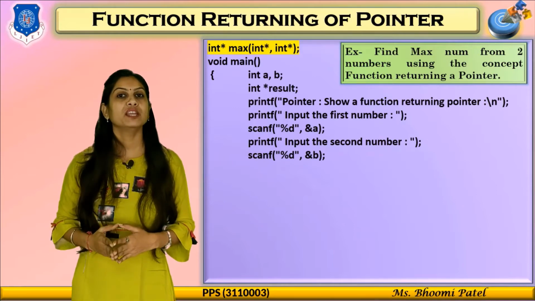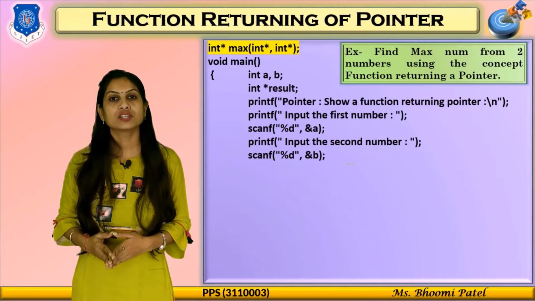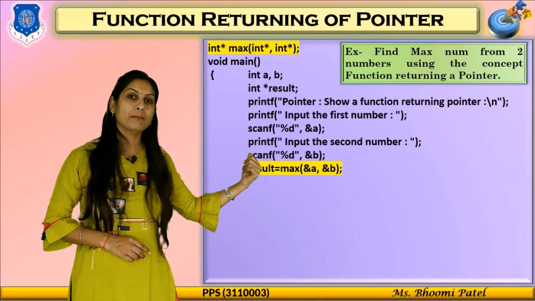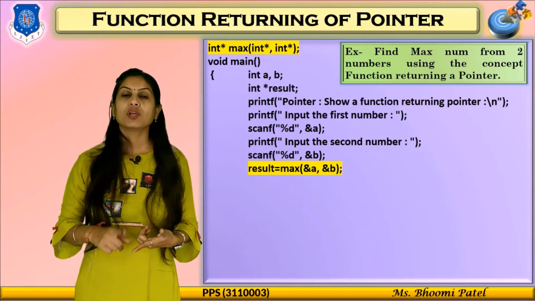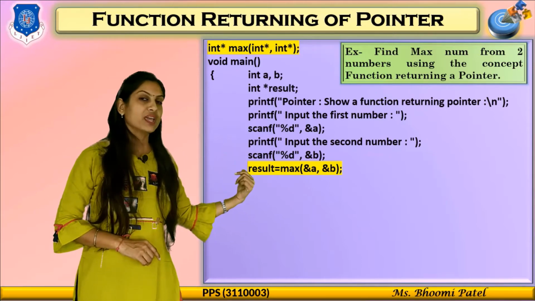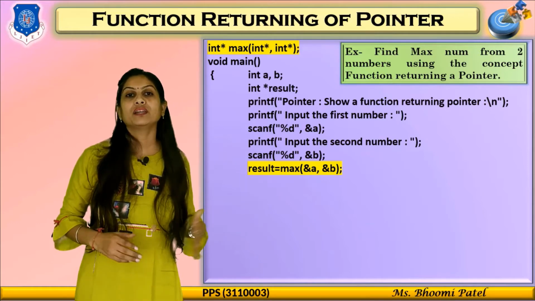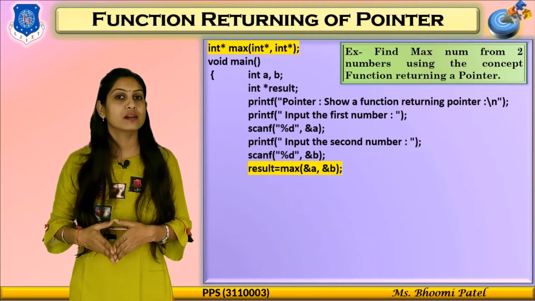So this is the input part, and then we have to use the function call. For the function call we write result equals the function name max, and inside it we pass addresses because of int star in the declaration. So the address of a and address of b. This concept is already completed in our function unit, in the theory of call by reference.